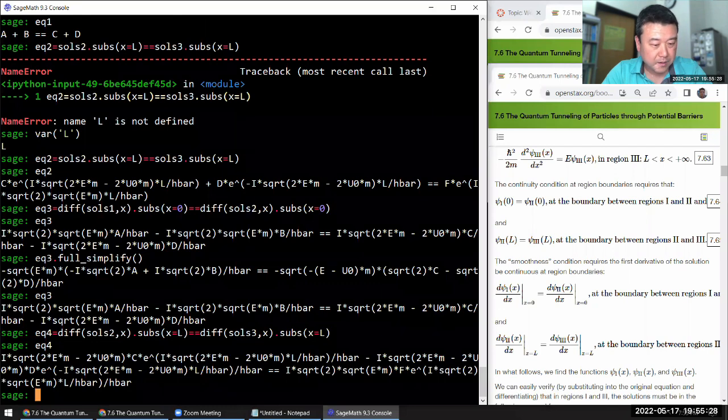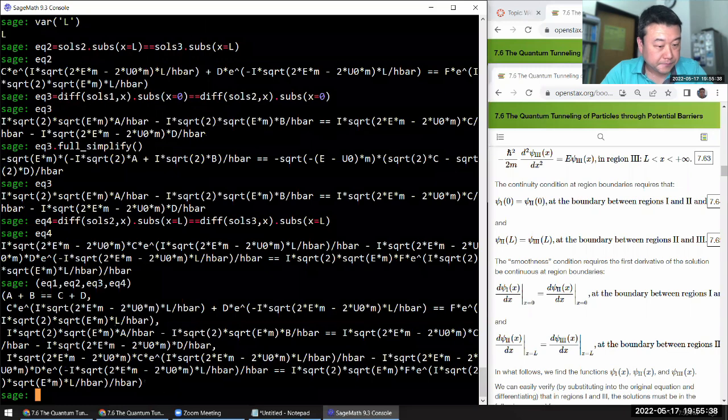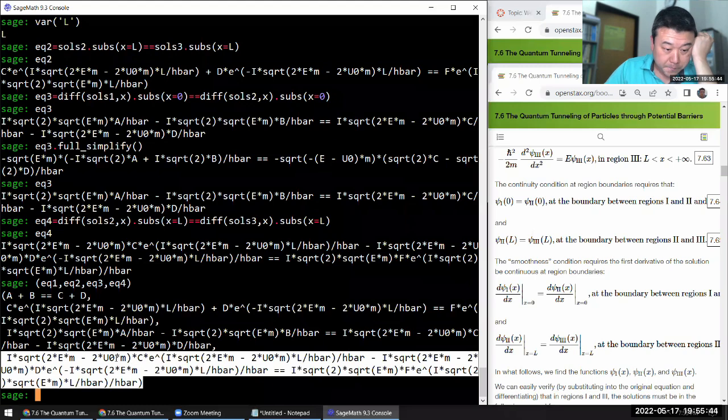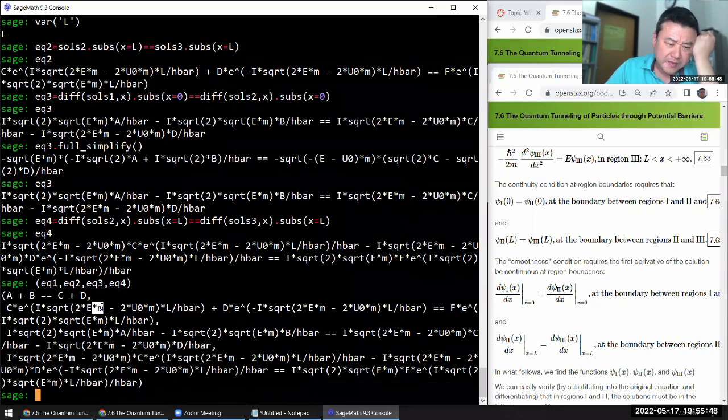All right, that looks good. So I have a system of 4 equations, equations 1, 2, 3, and 4. And all the parameters like E and M, or U naught, or L, all those are known quantities.